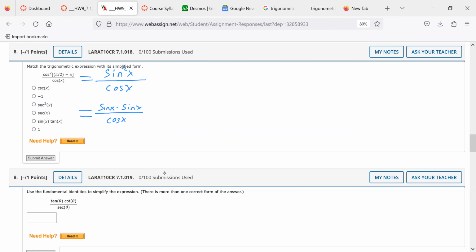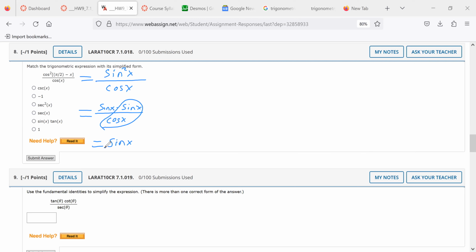I think right here, because you guys were saying tangent earlier, isn't this tangent right there? Yes. So sine times tangent, right?